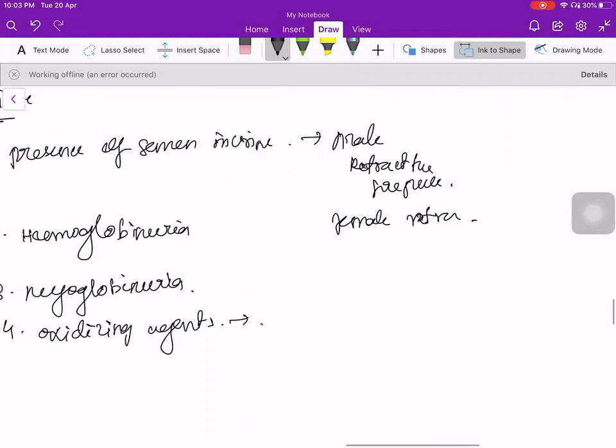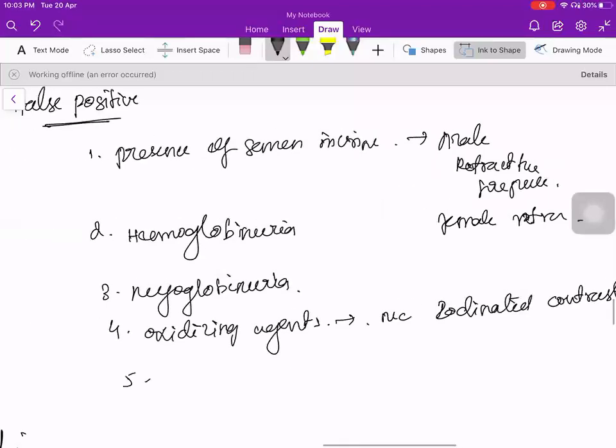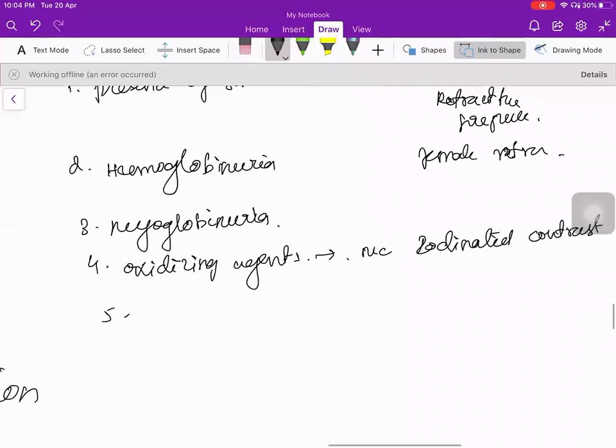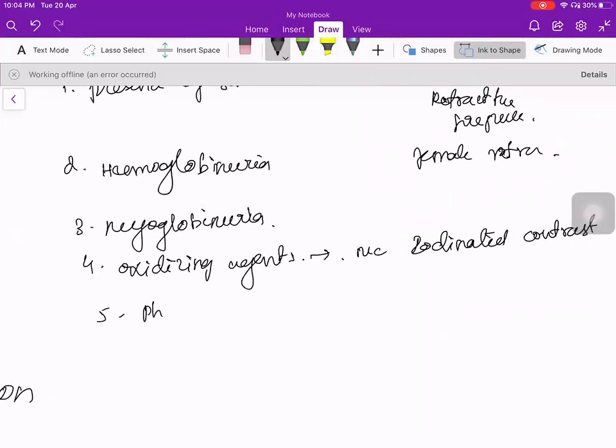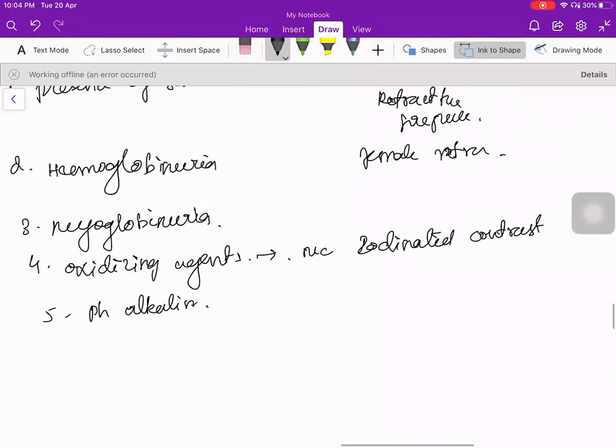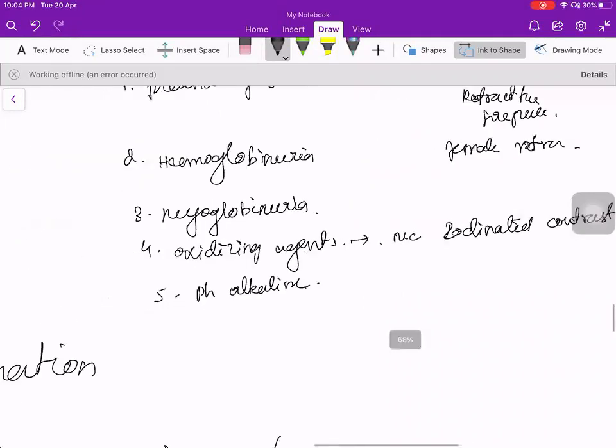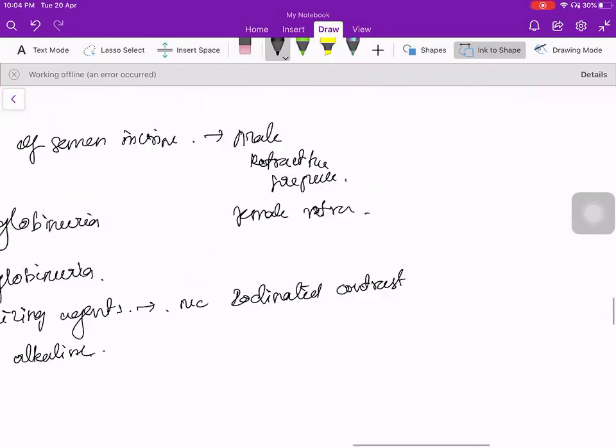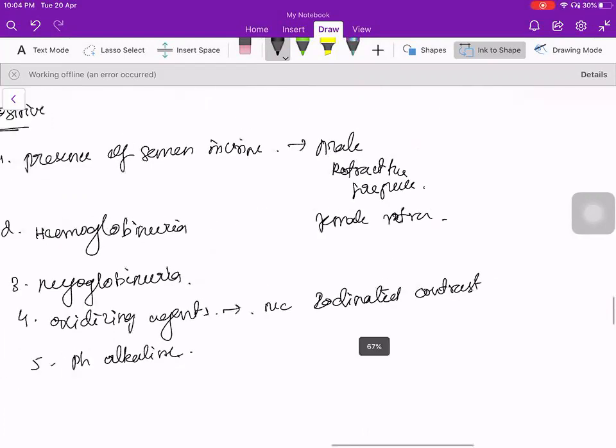What are the oxidizing agents? Most common is iodinated contrast agents. And usually with false positivity the pH will be in the alkaline range. These are some of the causes of false positivity.